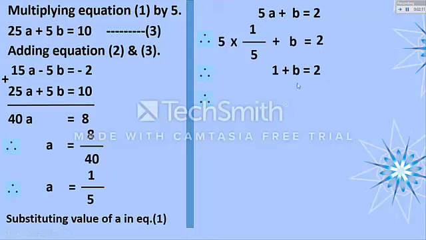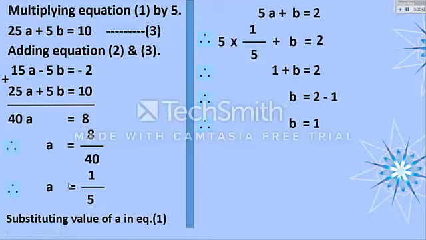Therefore b is equal to 2 minus 1, which is 1. But a and b are not the given variables. The actual variables are x and y.